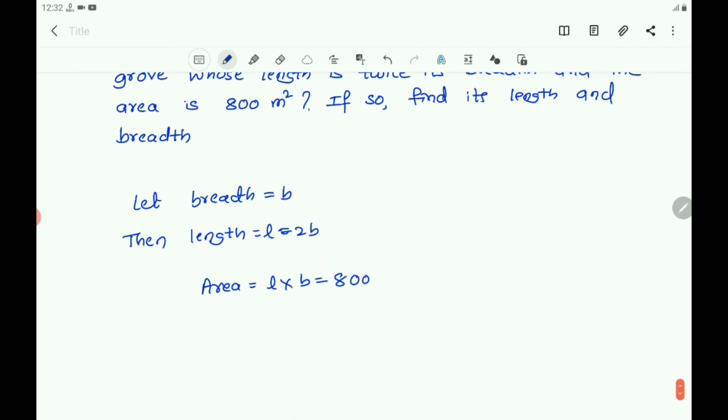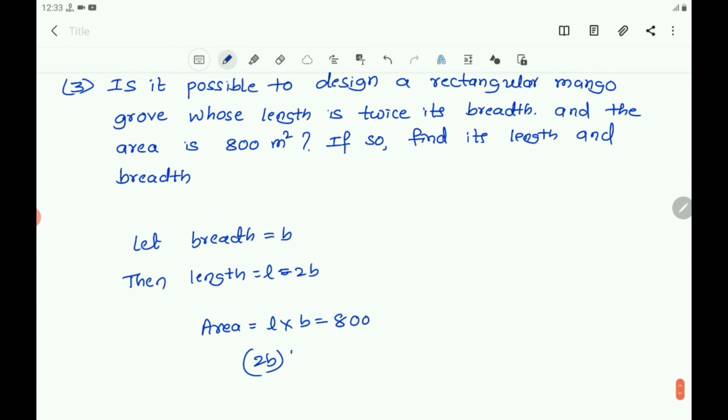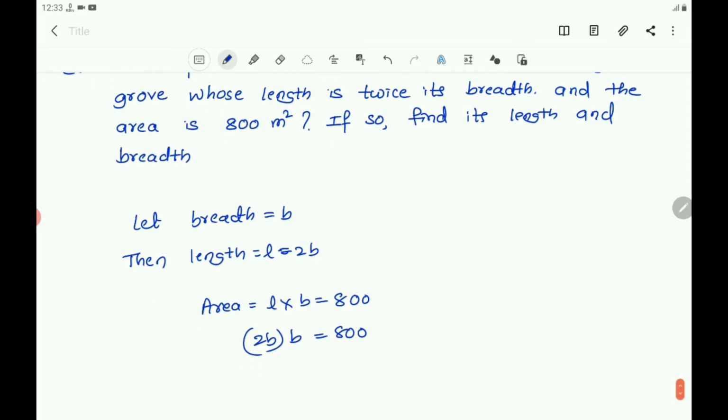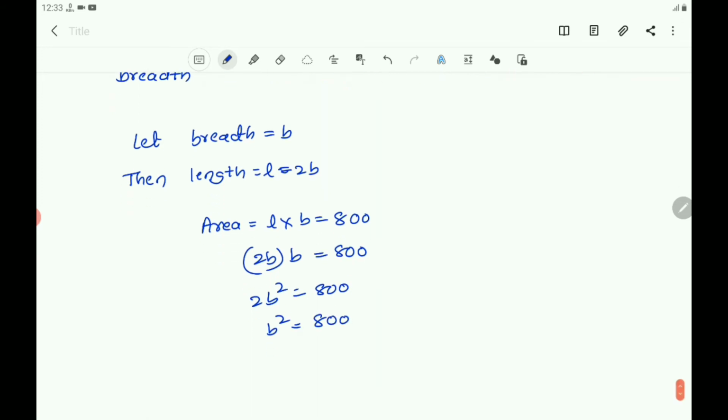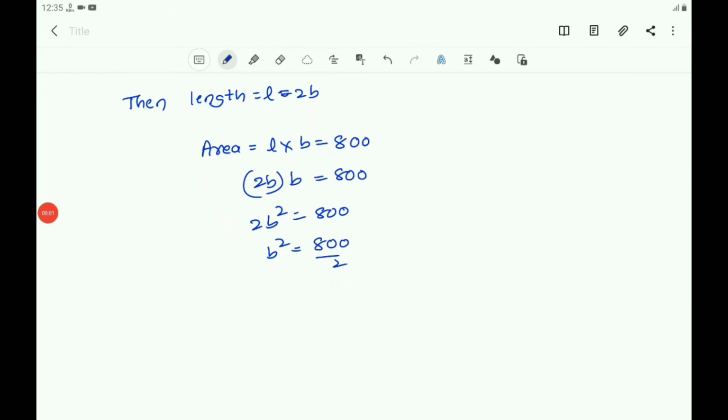Then L is taken as 2b and breadth as b, that equals 800. Then 2b square equals 800. Then b square equals 800 by 2, so b square equals 400.